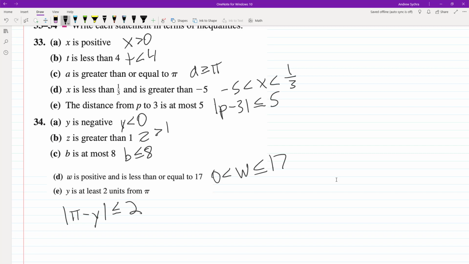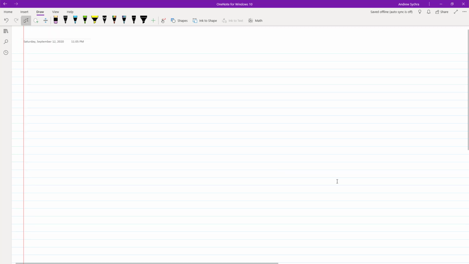But if it's less than or equal to pi, so it makes up for that no matter what, below pi or above pi. All right. Sometimes those can be kind of funky to explain.